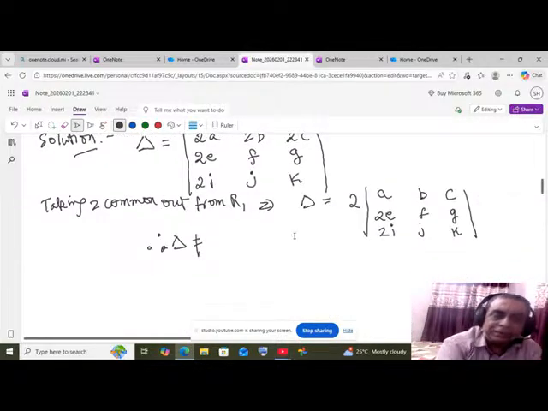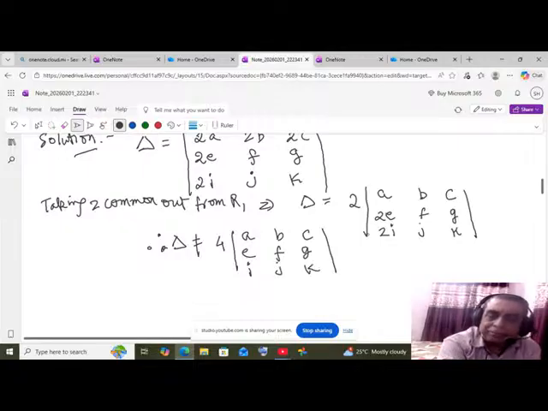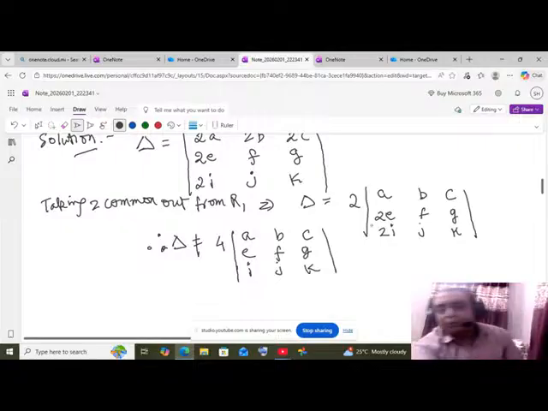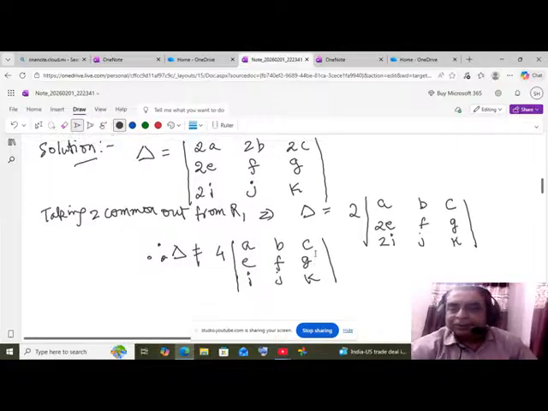So the determinant is not equal to 4 times the determinant a, b, c, e, f, g, and i, j, k, because 2 is not common in the first column. We cannot take 2 common out from the first column. So the determinant value is not equal to this.